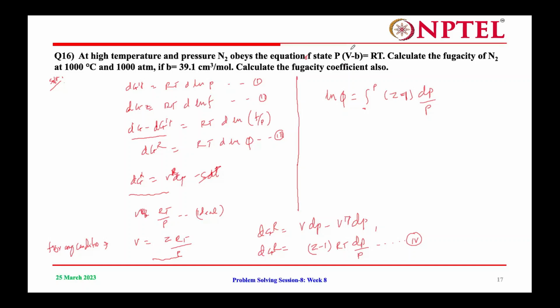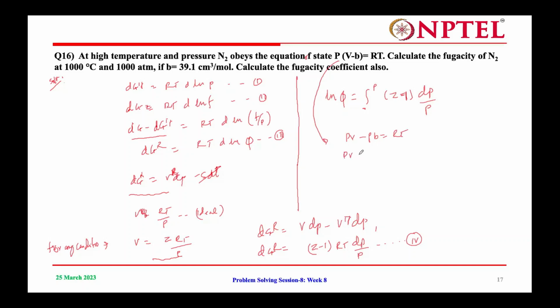So based on that, you have to put the value of Z, make this equation into Z form, and integrate and calculate the fugacity coefficient and fugacity. So PV minus Pb equals RT, right?